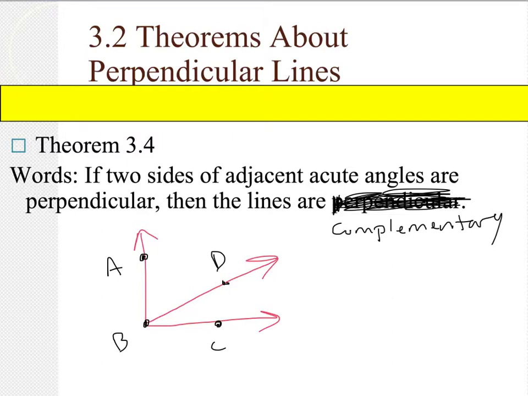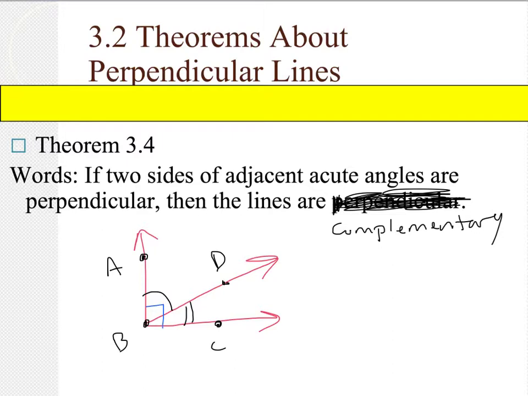That tells me if ray AB is perpendicular to ray BC, then ABD and DBC have to be complementary. Two angles that add up to 90 degrees.